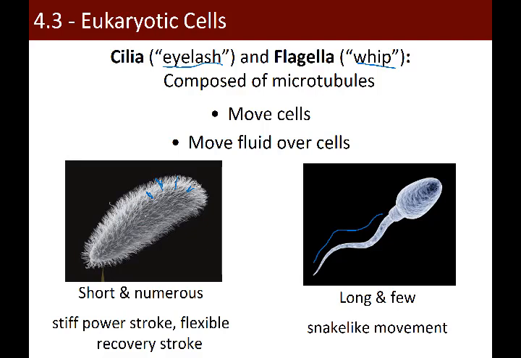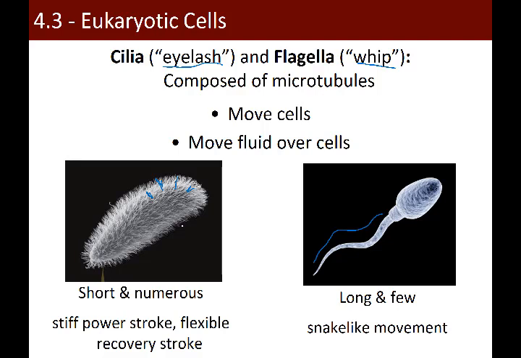So, in a single celled organism like this, the cilia are used to drive yourself around in the fluid. We also have cilia in our respiratory system to help prevent debris and dirt and particles that we inhale from getting down into our sensitive lungs.